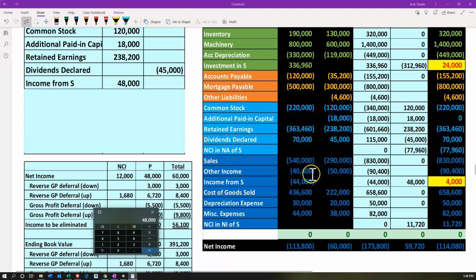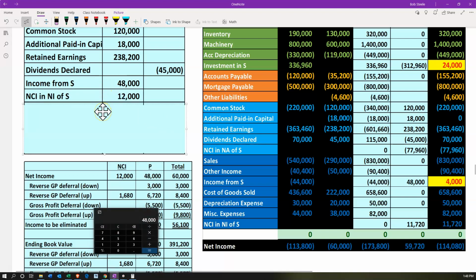But note what's not included in here. We didn't do the fully equity method. It's not including those intercompany sales that are taking place. So we're going to put the 48 here. If we record that, now we got the 44, 44, 48. This needs to go down to 0 at the end of the day. It's at 4,000 now. That's where we're at this point.